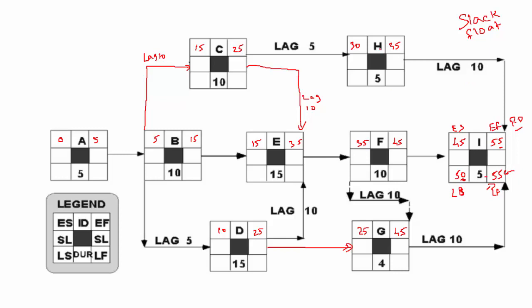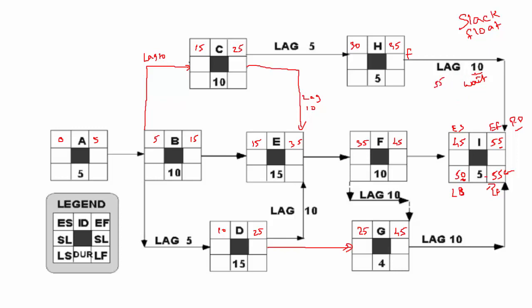The relationship between H and I is such that you must finish H, wait for 10 days, then you can finish I. So I can finish on 55 and we need to think backwards.